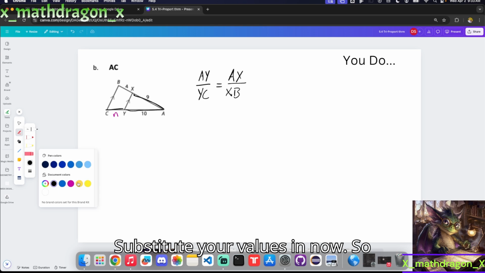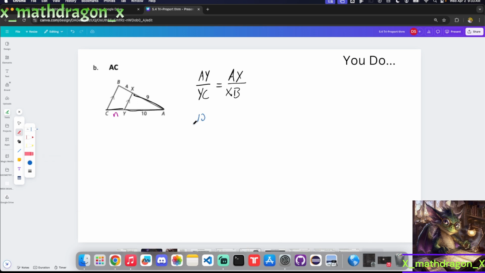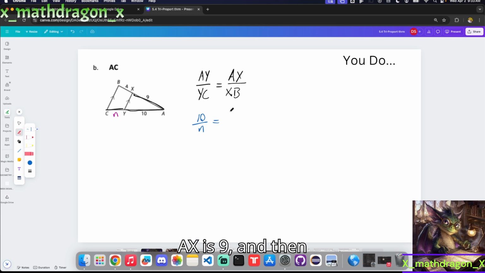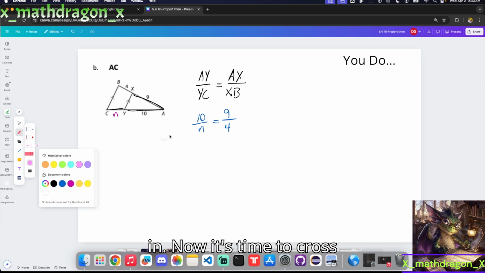Substitute your values in now. So we're going to put AY is 10. YC is the number we're looking for. AX is 9. And then XB is 4. Plug those in.